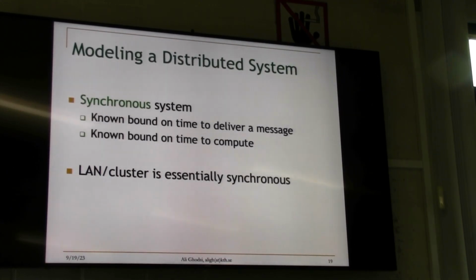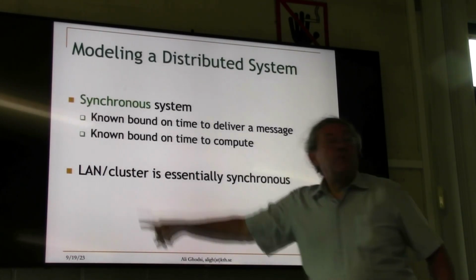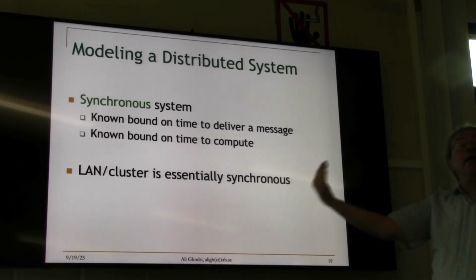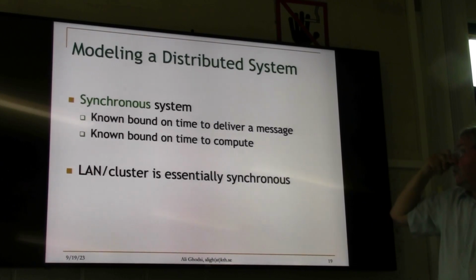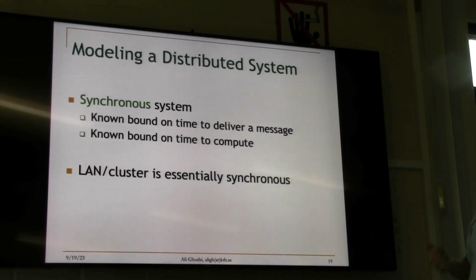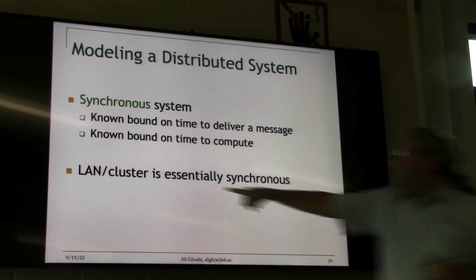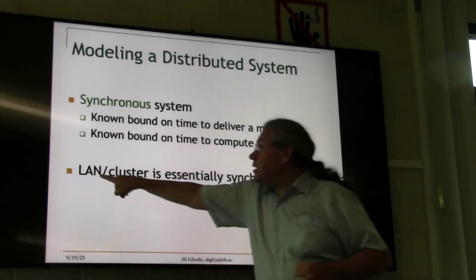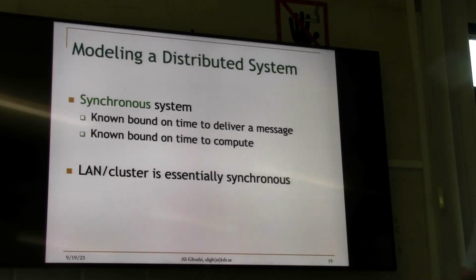And a cluster is a bigger system. A cluster is basically a number of processors with a very high performance backplane. So small multiprocessors in boxes like this are usually clusters. They also have guaranteed network performance. So they're also synchronous, with known bounds on time to deliver. And a local area network, like an Ethernet, also, you know how long it's going to take, okay?